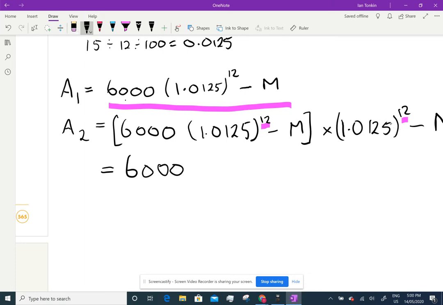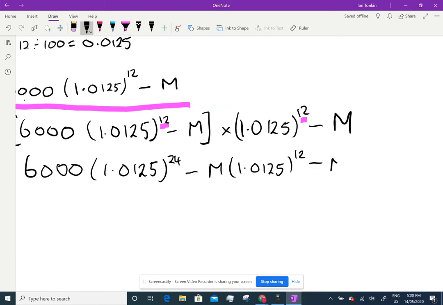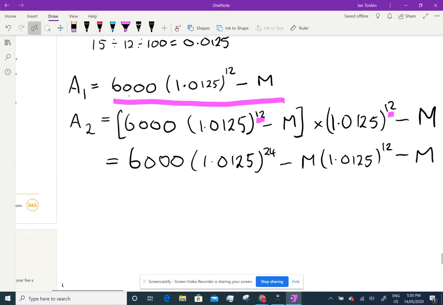So 6,000 times 1.0125 to the 24 minus m times 1.0125 to the 12 minus m. Now that's going to keep happening.